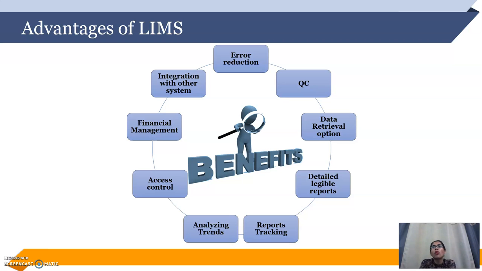So whenever we go for automation, the chances of error are very low. So this is the first point. You can very well check the quality and control it. So that is the quality control aspect of the advantages. Then the data retrieval option: if at any point we lose the data, we can retrieve it very easily through the software, through the LIMS platform.